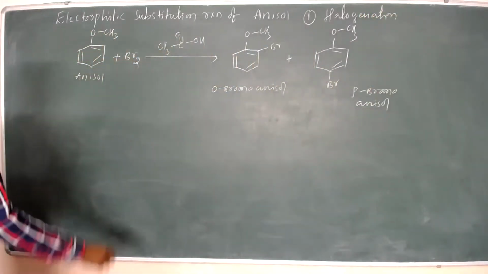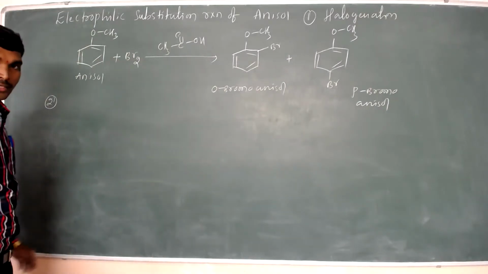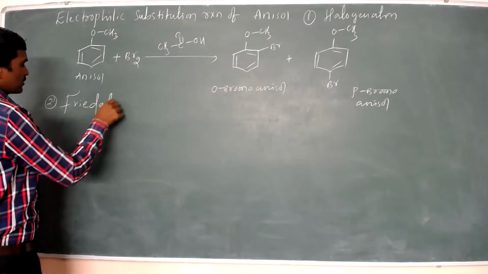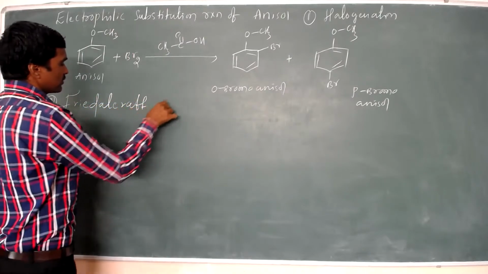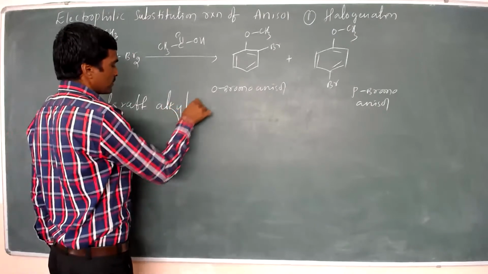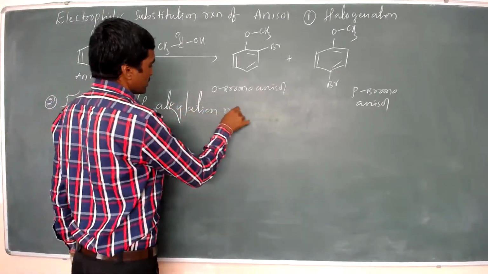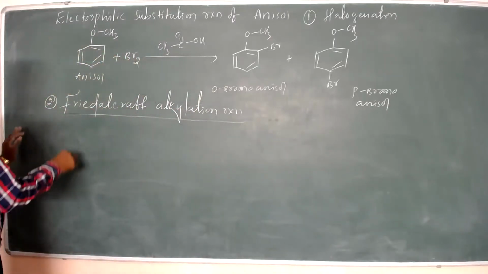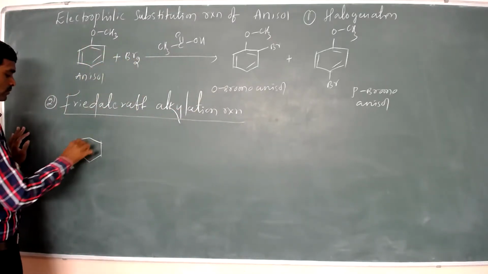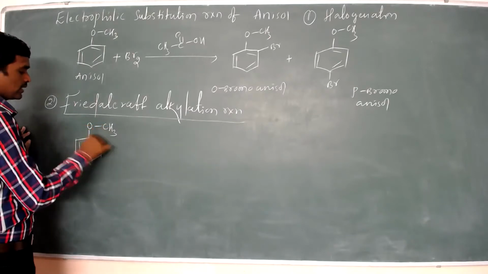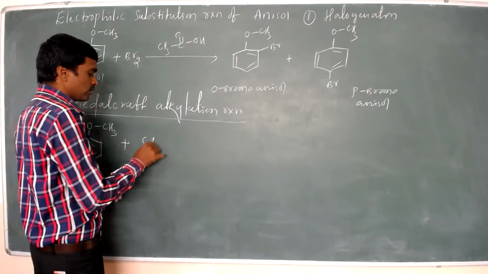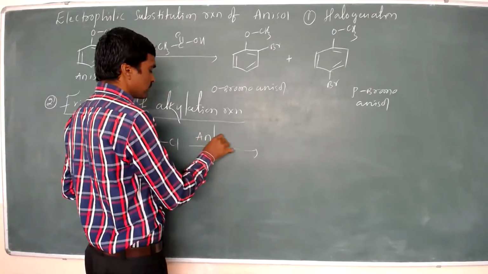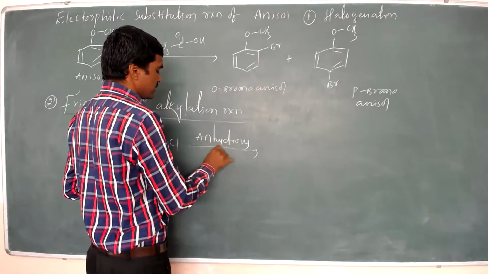Right. Next, for anisole we will discuss the Friedel-Crafts alkylation reaction. See, the same anisole, OCH3, reacts with methyl chloride in the presence of anhydrous AlCl3.